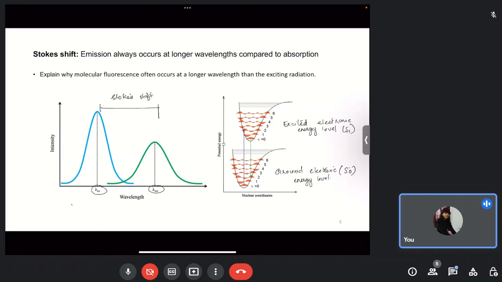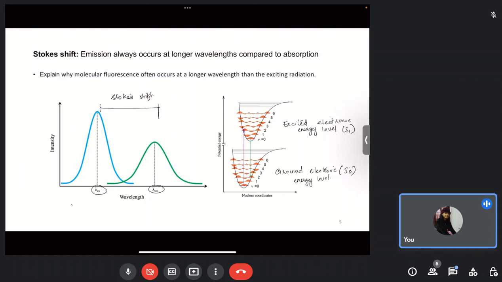Under every electronic energy level, there are different vibrational energy levels that the molecule can populate. Different vibrational energy levels are there in excited states, which have a similar energy gap as the ones in the ground state.